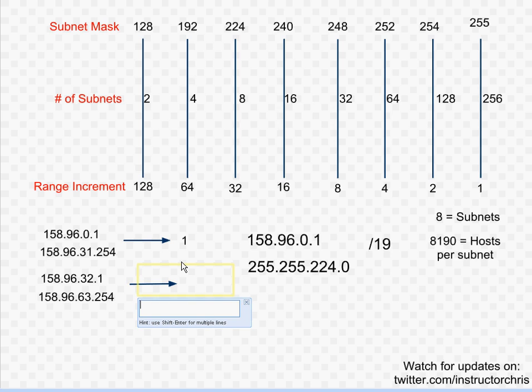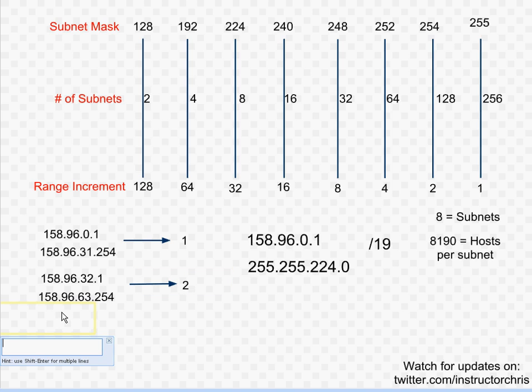And subnet number 3 is going to be 158.96.64, because we ended all the 63s, .1, through 158.96.95.254.